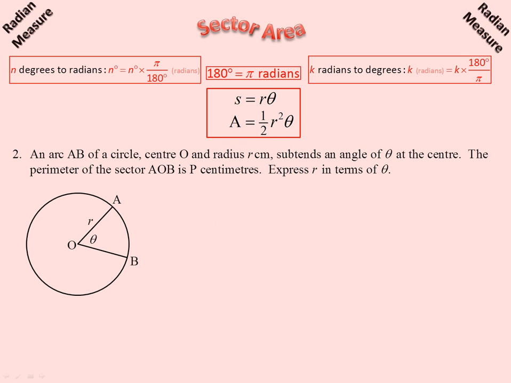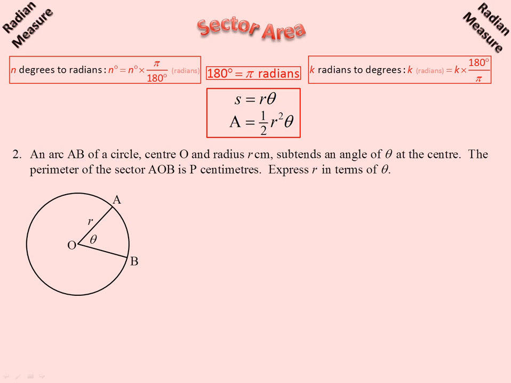Next one, we have arc AB, center O, radius r, subtending an angle of theta at the center, and this is in radians. The perimeter is p centimeters. Express r in terms of theta. Well, we're going to use that same formula. We have the theta, so that's fine.